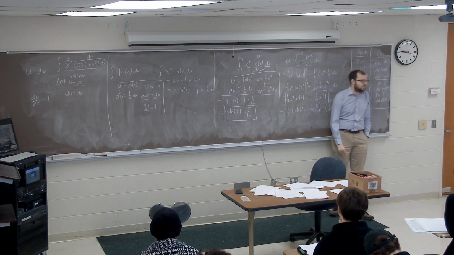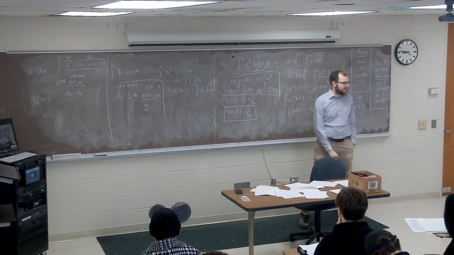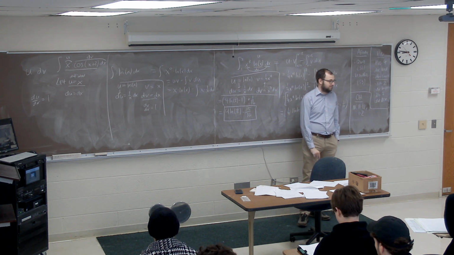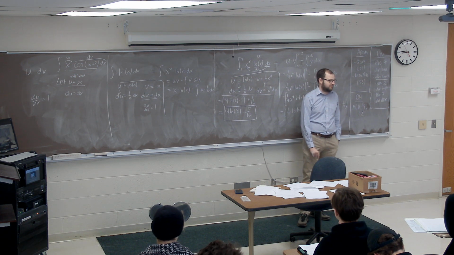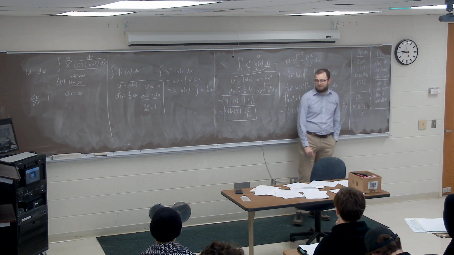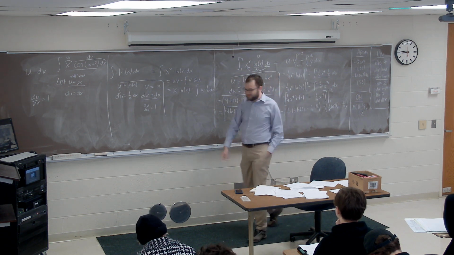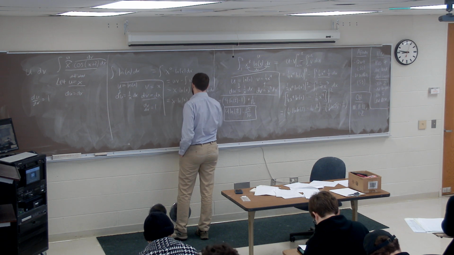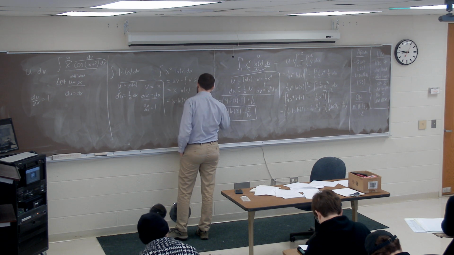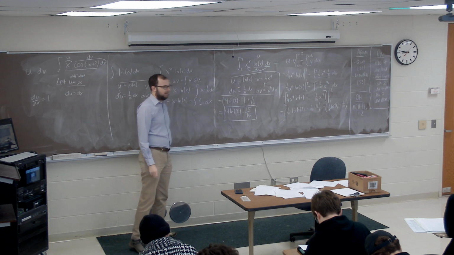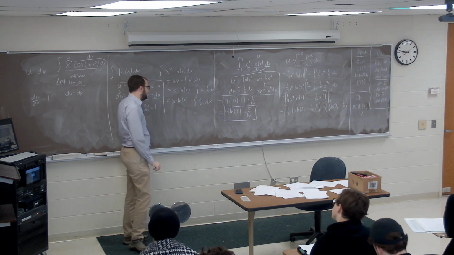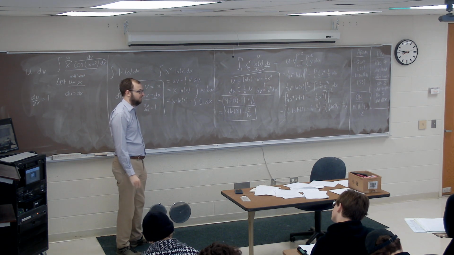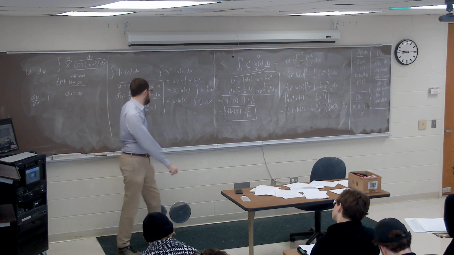Emerson, how would you propose we integrate x times 1 over x? Well, I think it's easier if you simplify it first, because then you just get 1. So I'll give us x times natural log of x minus the integral of 1. And Carson, how do we integrate 1? Yeah, that just becomes x.